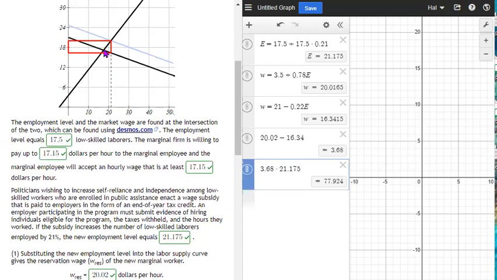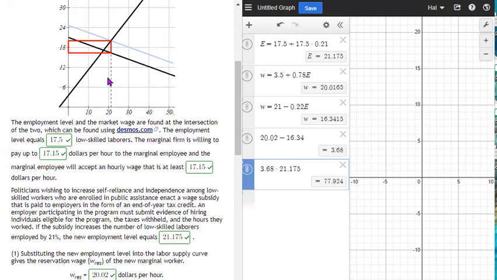So we're going to take the difference of the market wage, which is $17.15, the initial market wage, and subtract from it the maximum wage firms are willing to pay that last worker hired in this wage subsidy program, right? Which is 21.175.